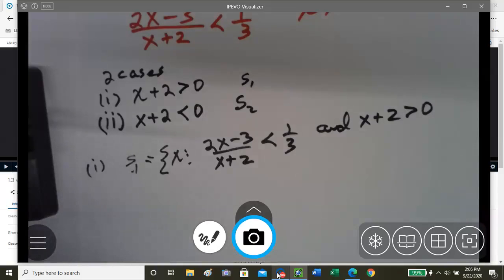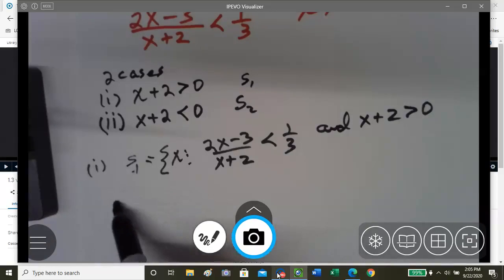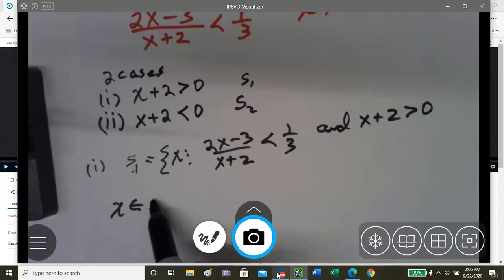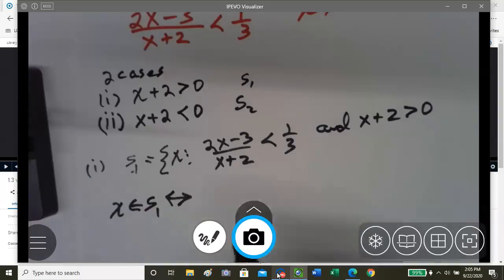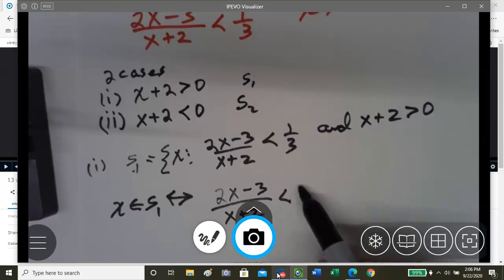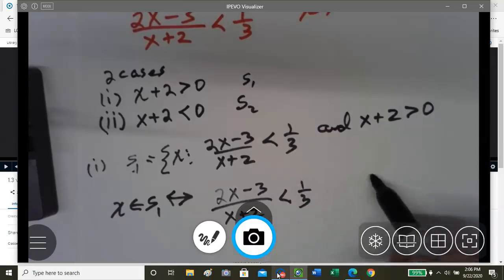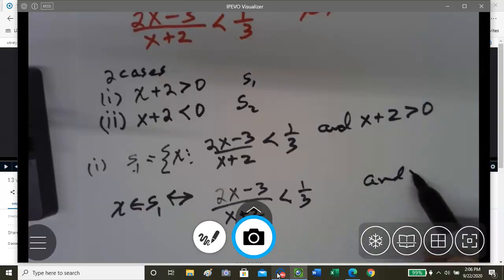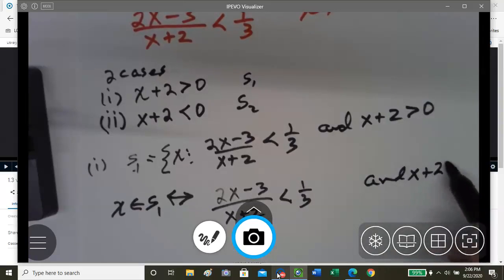So in that case, x is an element in set 1 if and only if we have (2x - 3)/(x + 2) is less than 1/3, and x + 2 is positive.